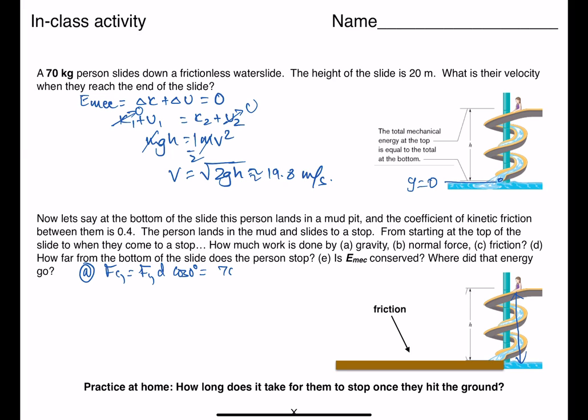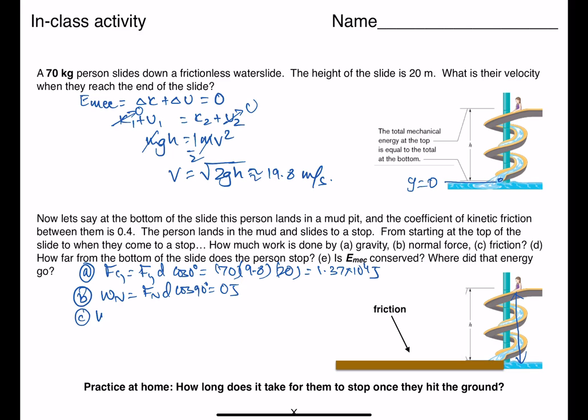Mass is 70, g is 9.8, and height is 20, so that is 1.37 times 10 to the power 4 joules. B, work done by the normal force. Force normal times d times cosine of 90 degrees. Cosine of 90 is 0, so that is 0 joules.